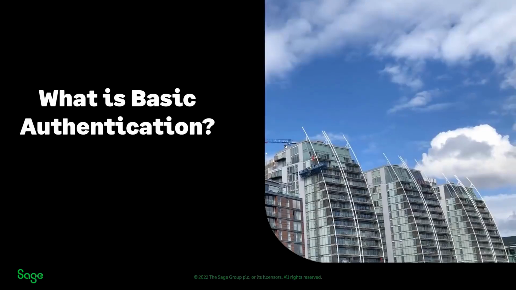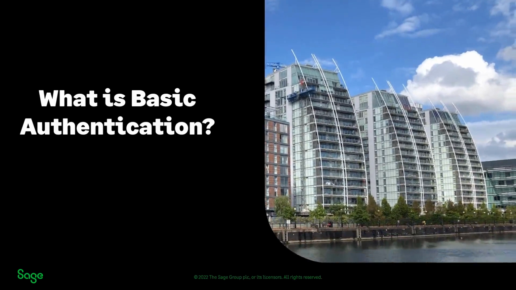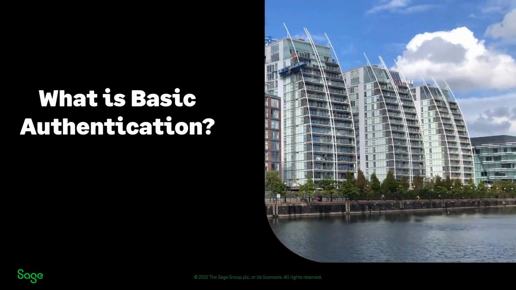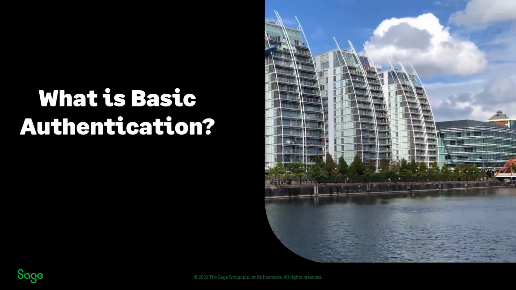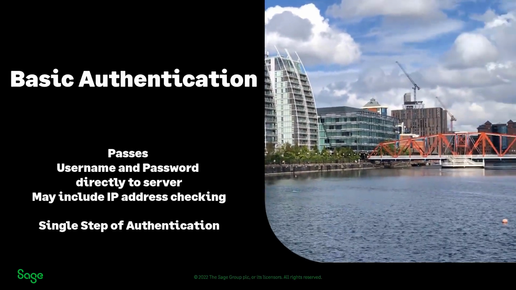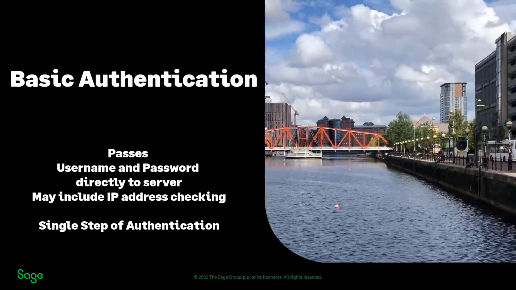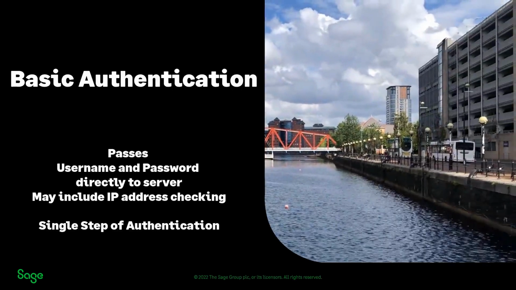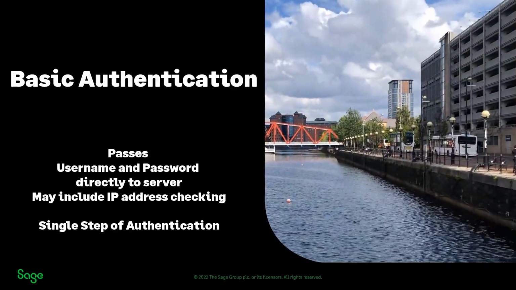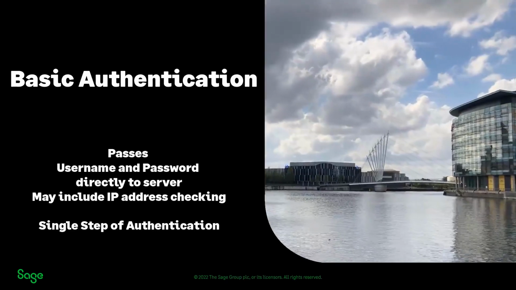So let's start with, first of all, what we mean by basic authentication. Basic authentication is old school identification verification. You ask for your username and your password. So you provide the username and password, and there might actually be another check, like making sure that you're coming in from a particular IP address as well.